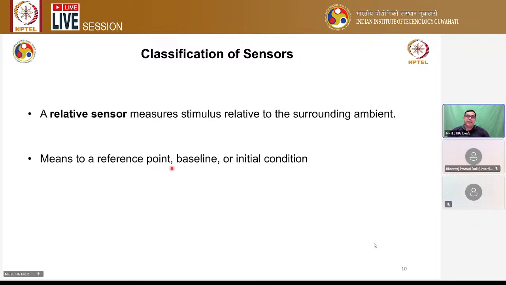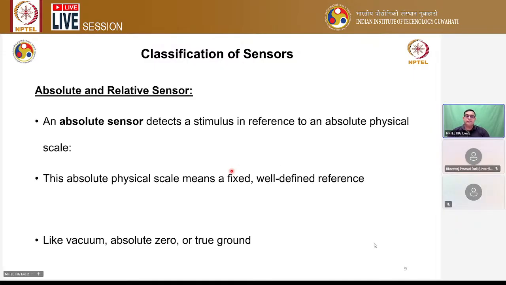It has a baseline, and on the baseline it is measuring something, or there is a certain initial condition. The output takes care of the initial condition. In the case of an absolute sensor, you do not have any initial or final condition. Whatever the measurement is, it is the absolute measurement.